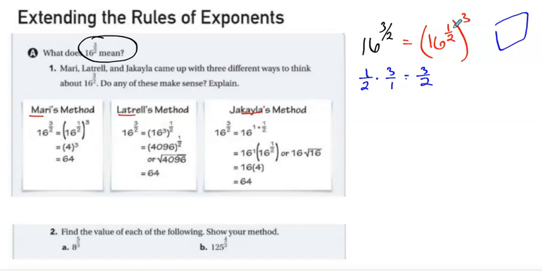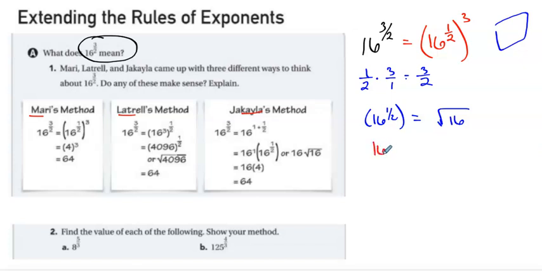Okay, which brings us to another piece here. So now we have in parentheses 16 to the 1/2 power. Any number to the 1/2 power is the same thing as writing the square root of 16. Okay, so 16 to the 1/2 power is the square root of 16.